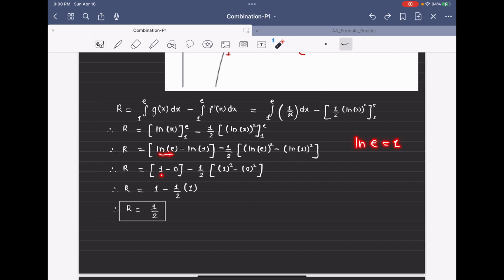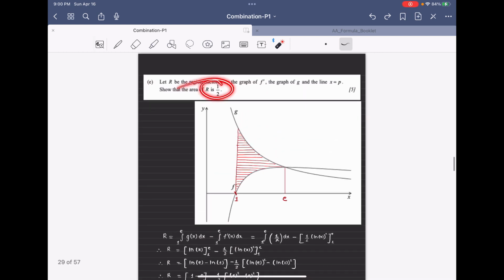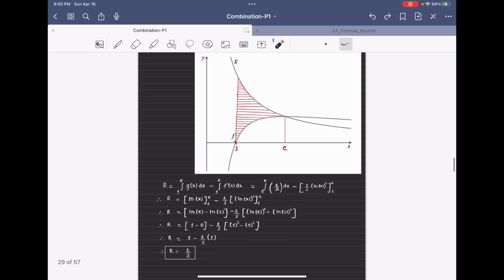So this is 1, this is 0. Minus 1 by 2. Ln of e is 1, 1 square is still 1. Ln of 1 is 0, 0 square is 0. 1 minus 0 is 1, 1 by 2, 1 minus 0 is 1, so 1 minus 1 by 2 is 1 by 2. That is what we want to show, that R is equal to 1 by 2. Thank you.